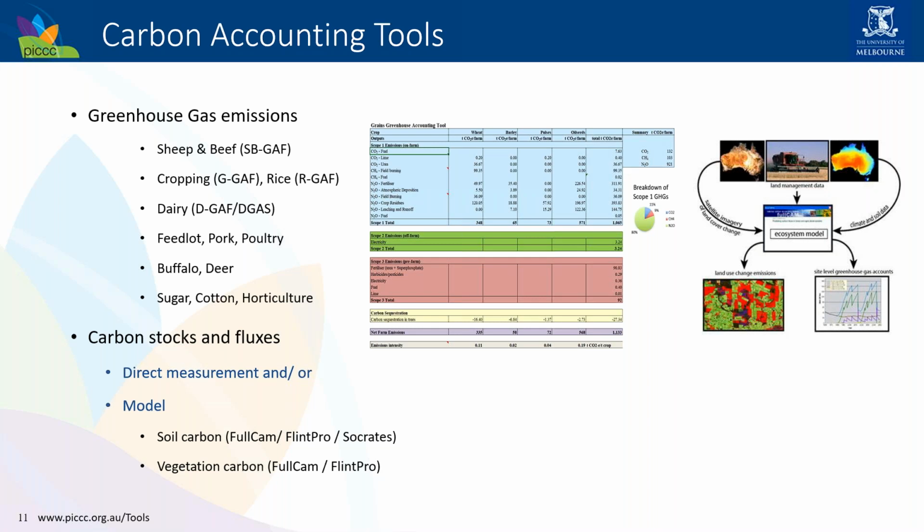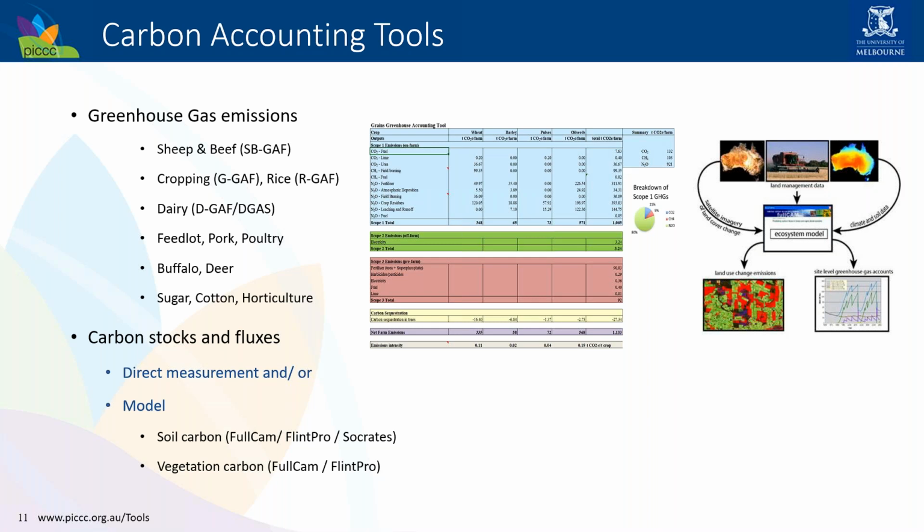In terms of how you can measure carbon stocks and fluxes from vegetation and soil, the Australian inventory uses FullCam. I'm not sure how familiar you are with FullCam, but I spoke about it a little bit in Module 1. It's a Tier 3 model, which means that it is a model rather than a set of emission factors and activity data. It is very complex and takes a lot of information: satellite imagery, climate and soil data, land cover change data.